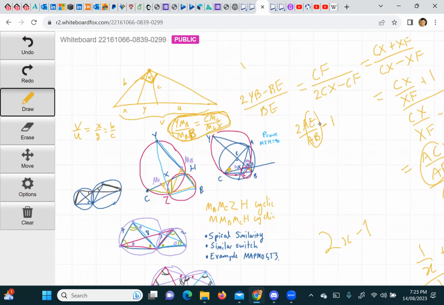But MC is the midpoint of CF. Is it possible MC is on the right of X? Oh, that's not possible. No, I think it's B goes to X, and Y goes to C, MB goes to MC. It should be in between, right?